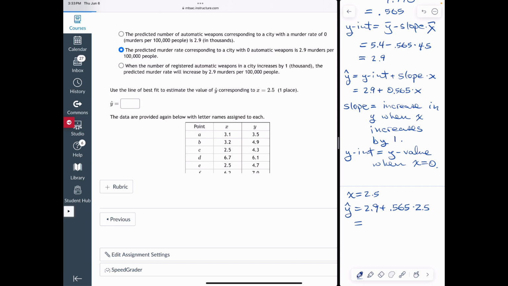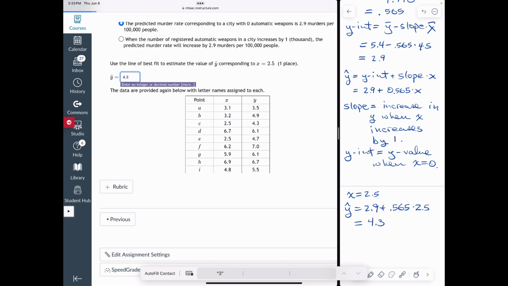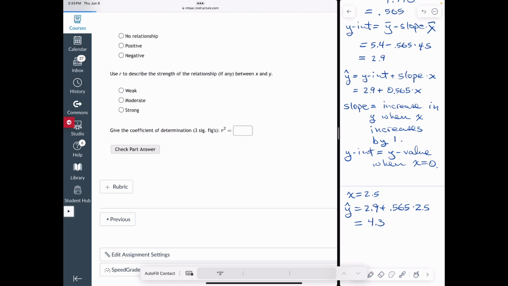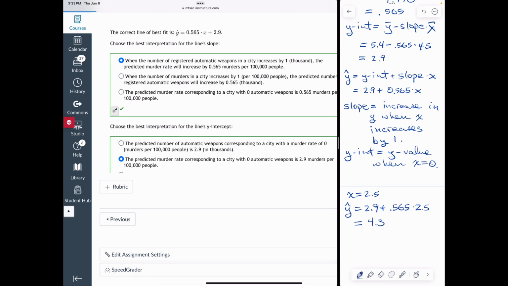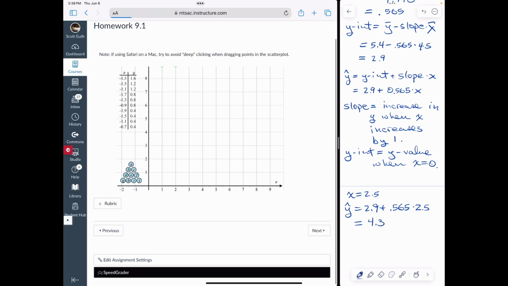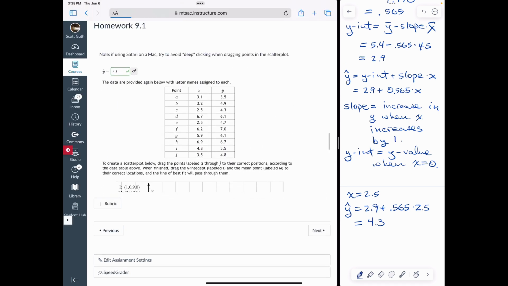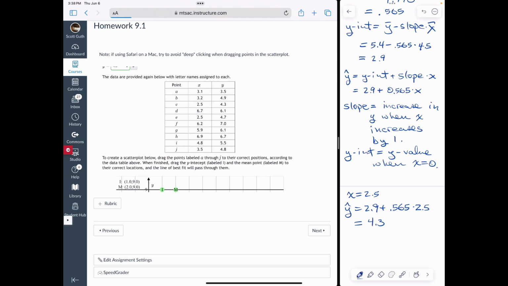So I'm just going to go with approximately 4.3, and let me put that in for my answer here. 4.3 should be okay. I don't see a place to check here, but somewhere I can check my part answer. Let me just verify. 4.3 is good.